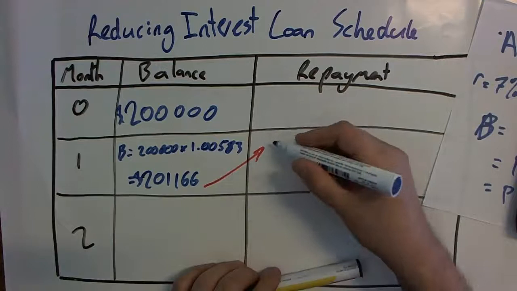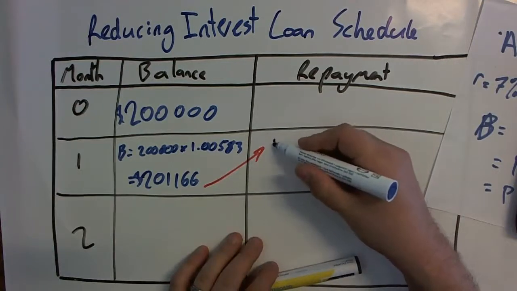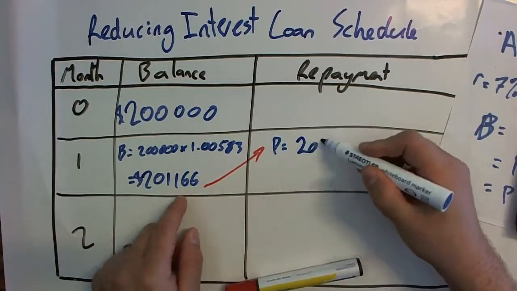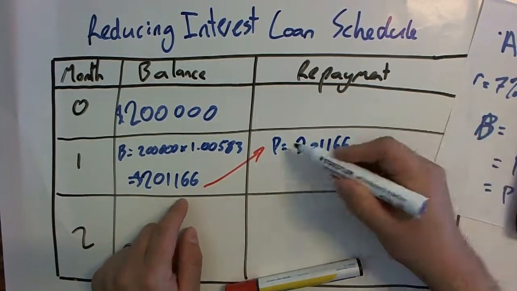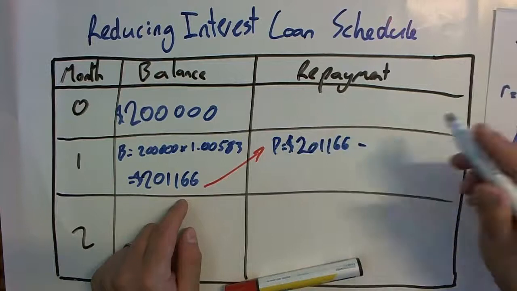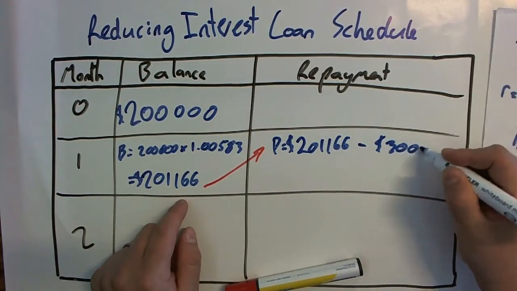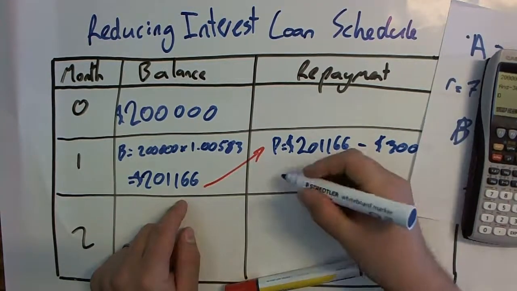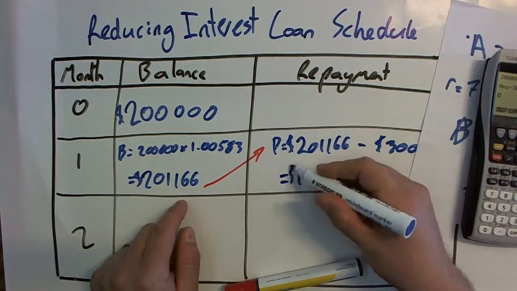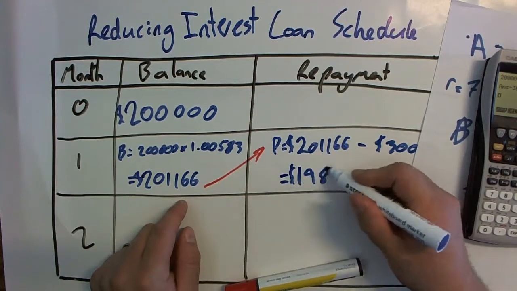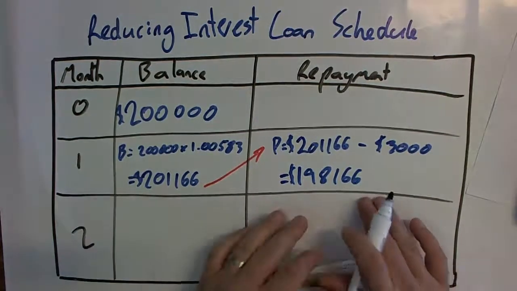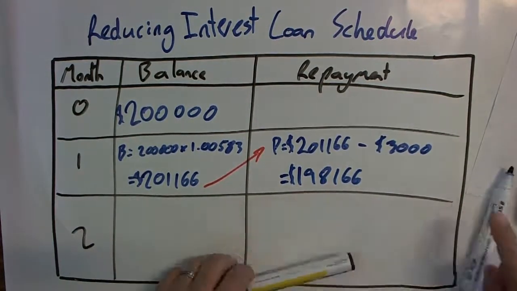I take this number, $201,166, and take away $3,000, which is $198,166. That's my new balance owing at the end of the first month.